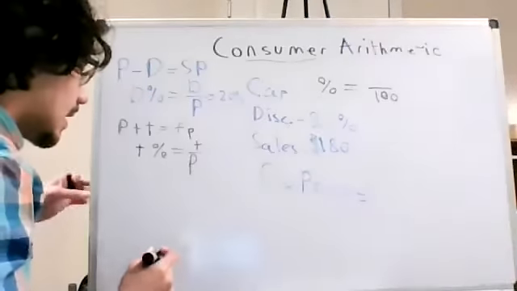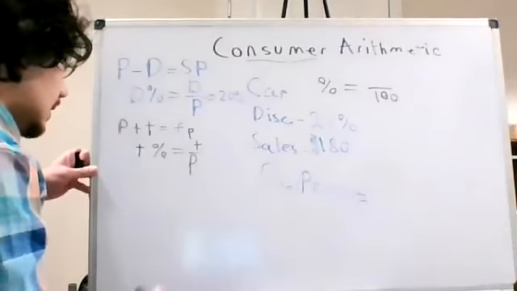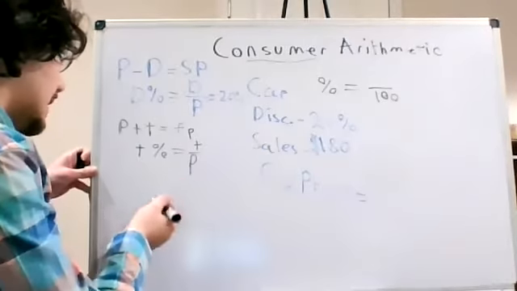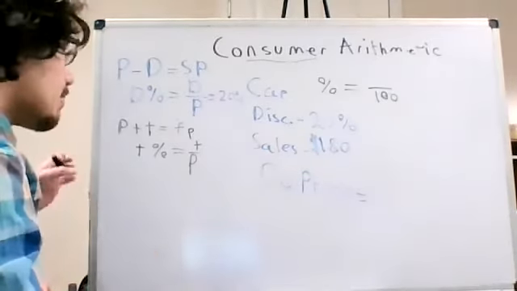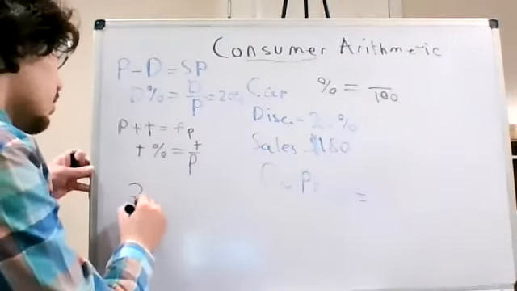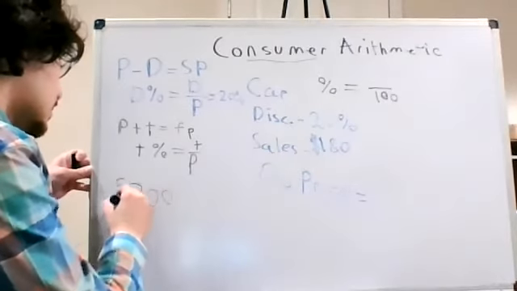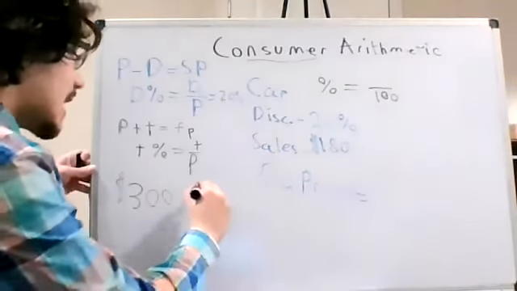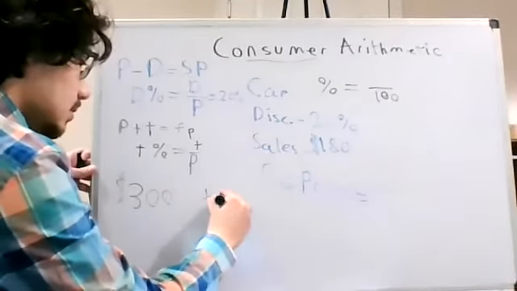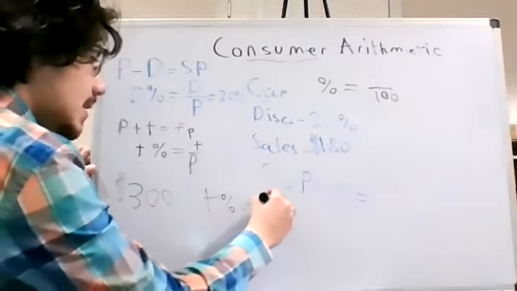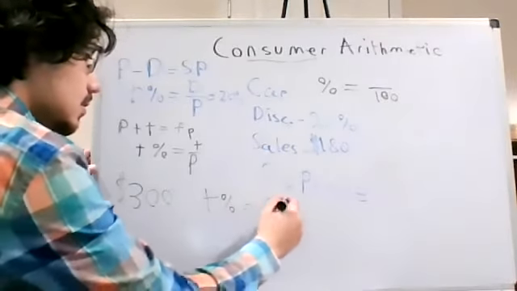So let's say that we were getting some item that costed $300, and our tax rate is 6%.